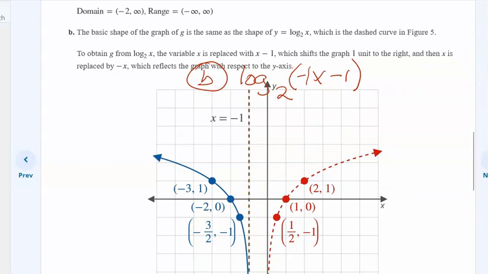So this one's a little tricky, so I'm going to clear it up, read it over. If you get one like this, again, you have a pattern to follow.